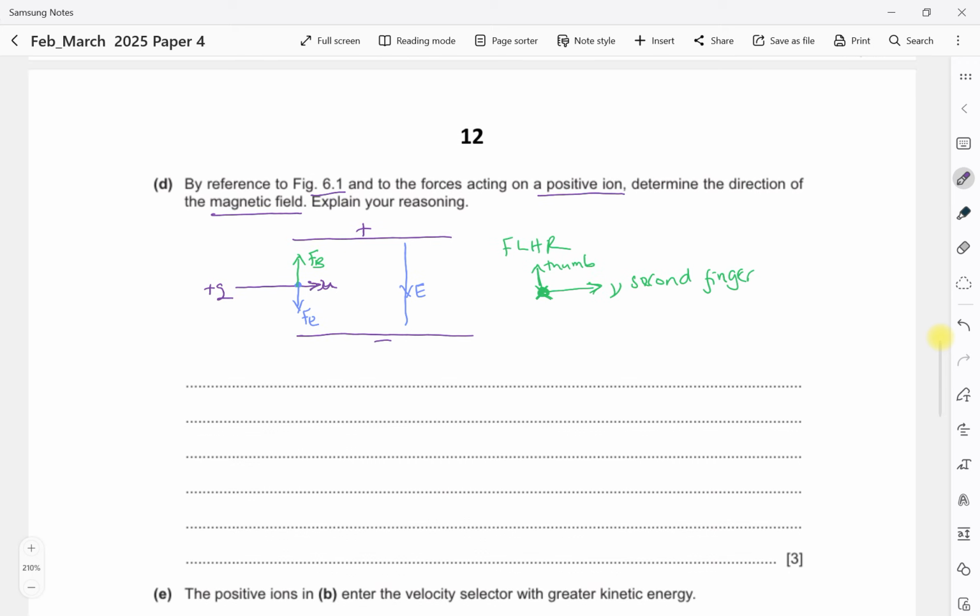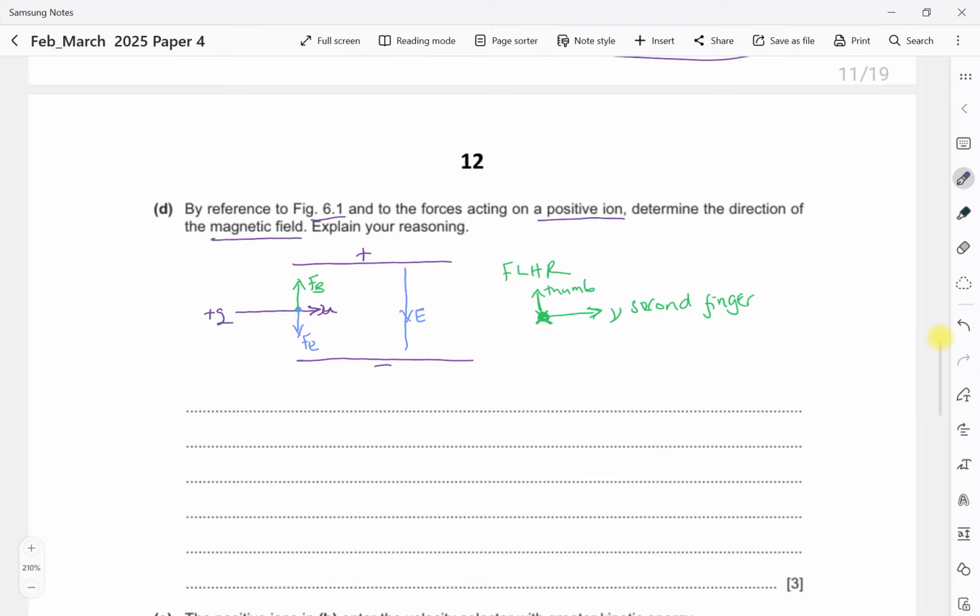So it means we shall say that the electric force is downwards, because I said the electric force on a positively charged particle is always in the same direction as the electric field.